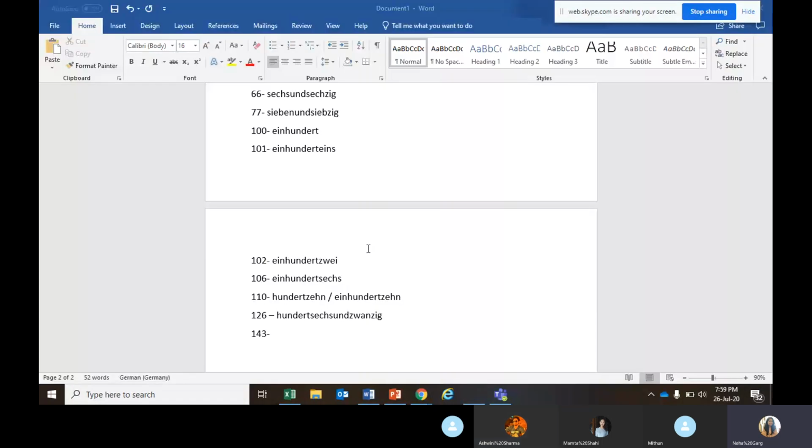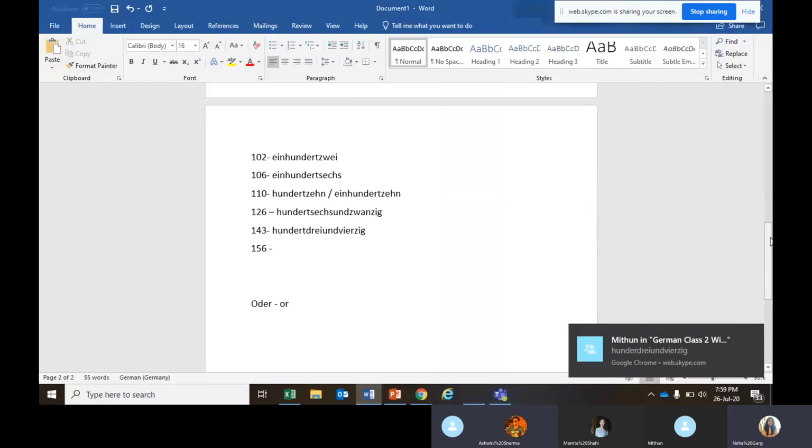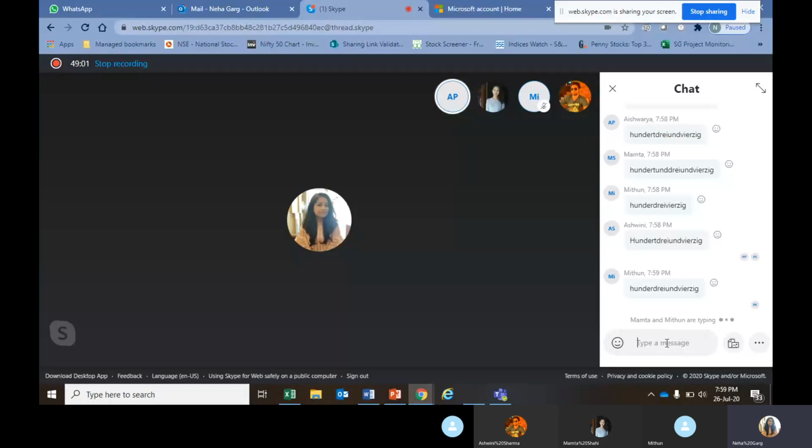Wir schreiben 143. Und wie schreiben wir 156?